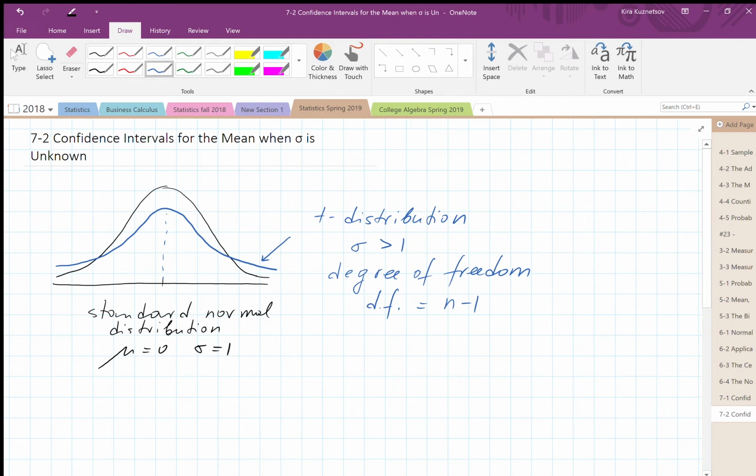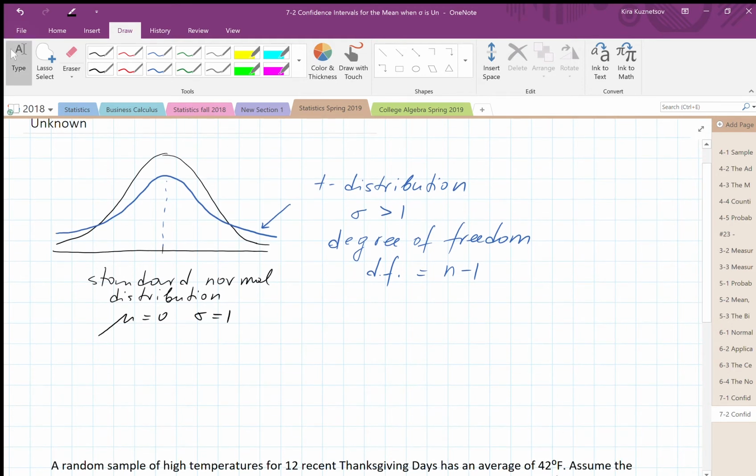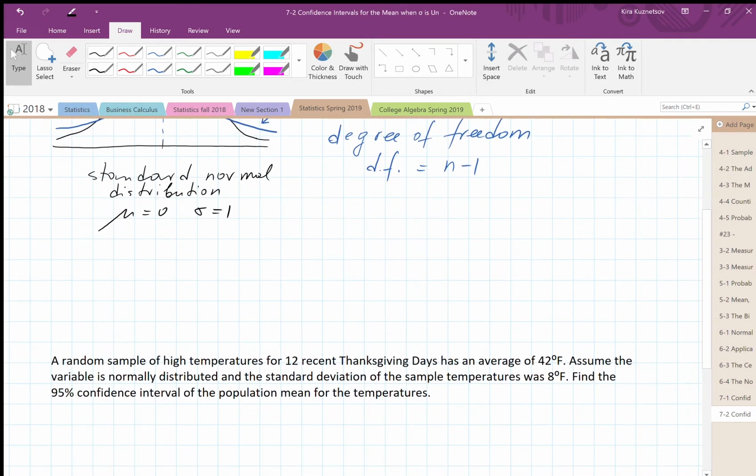So the number in your sample minus 1 is your degrees of freedom. You will need this if you are looking at the table in order to find the t values.